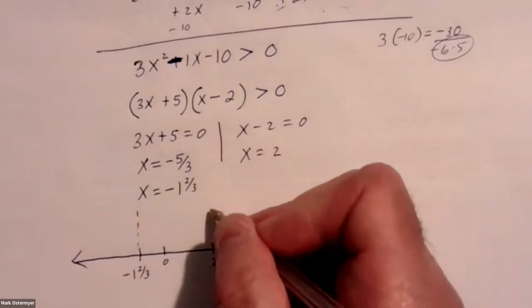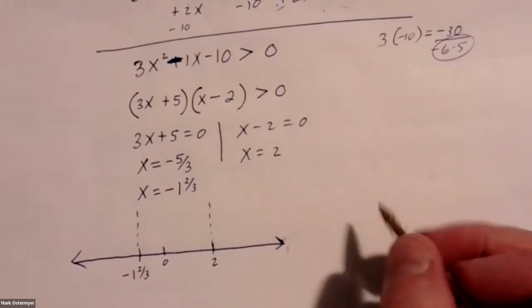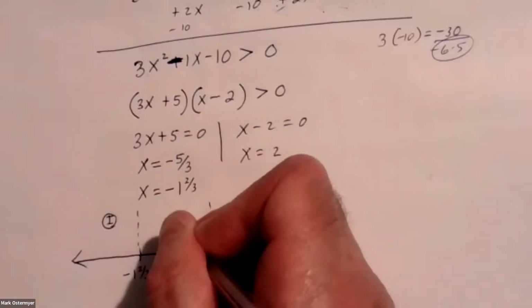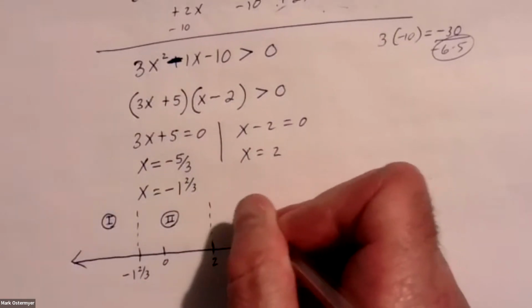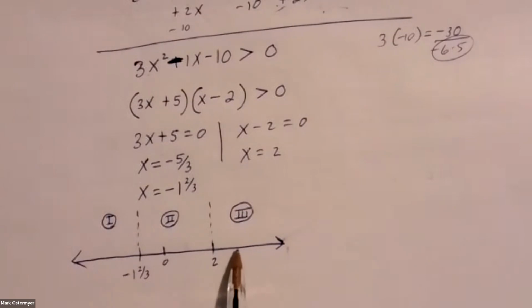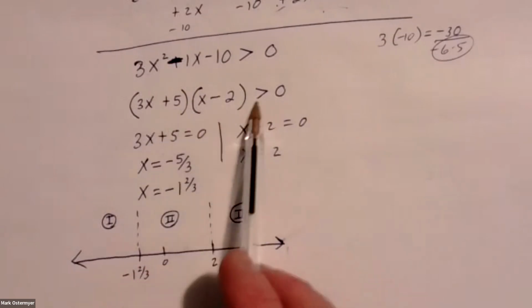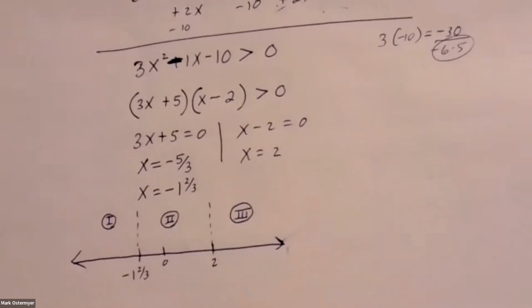These critical or significant values are going to partition my number line into 3 different intervals: interval number 1, interval number 2, and interval number 3. All that remains now is testing each of these 3 intervals with our polynomial inequality up here to see which interval or intervals yield solutions to this inequality.